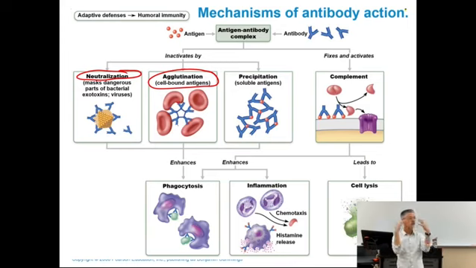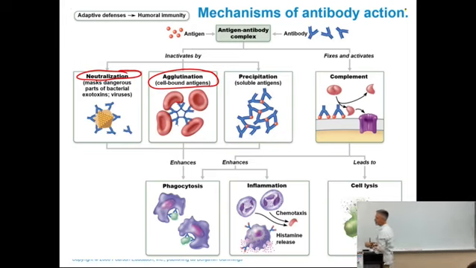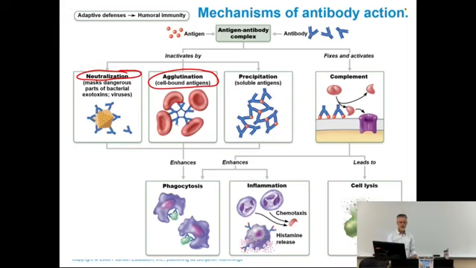So they surround it, bind to it, and neutralize the threat. Neutralization is where the antibody masks or binds to toxins released by bacteria or even exposed viruses.